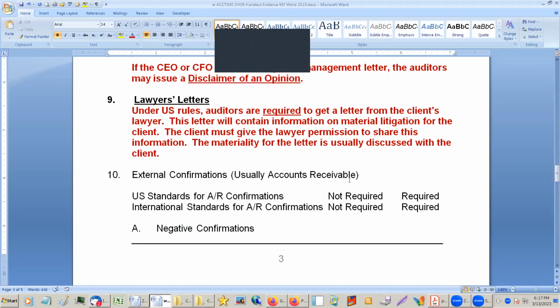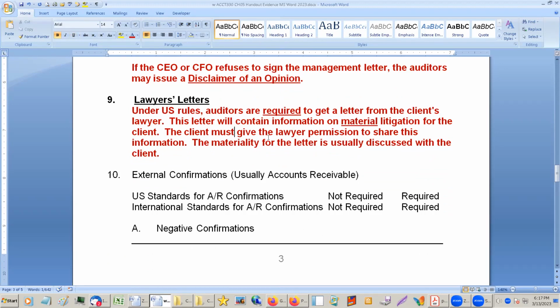Now here's the problem, though. We're looking at things that are material, and the client must give permission. The materiality for the letter is usually discussed with the client.